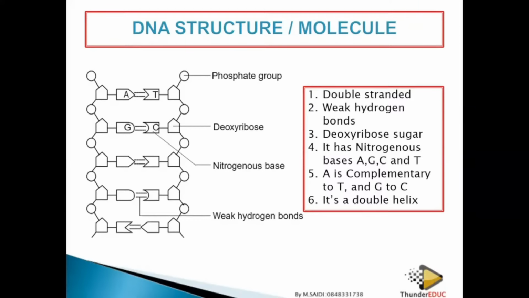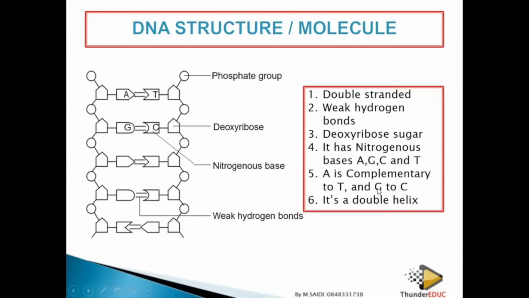So if they bring questions about the difference between DNA and RNA, it means that you can use this point. DNA is double-stranded, while the other side is single-stranded. And this one has weak hydrogen bonds, because single-stranded has no weak hydrogen bonds. If this is deoxyribose sugar, then the other side is going to be ribose sugar. Has nitrogenous bases, you tell us the nitrogenous bases. For the case of RNA, this one is going to be uracil.